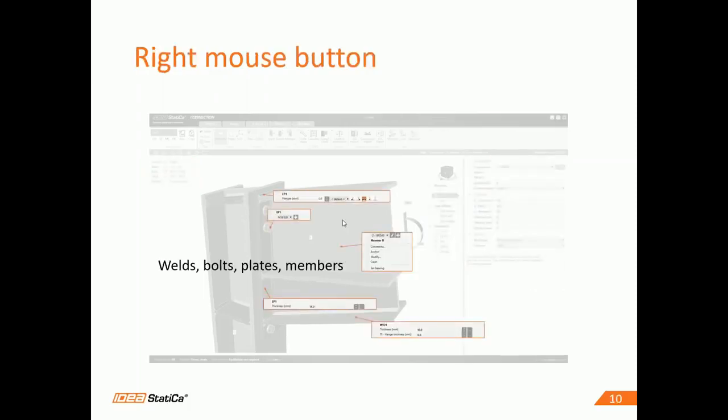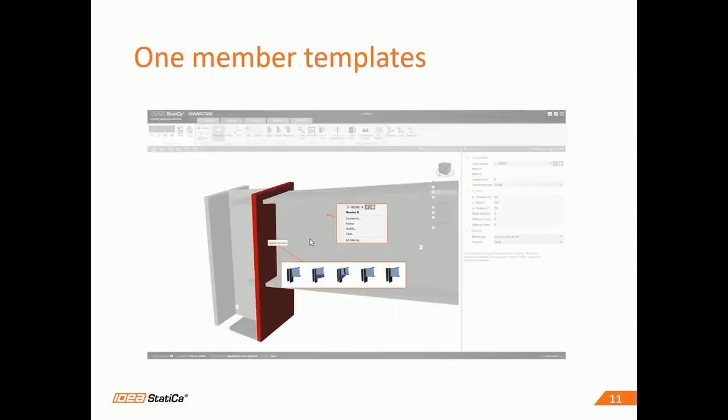Another very useful control are right mouse button commands, which enable very fast modification of member cross-section, welds, and bolts properties and plate thicknesses. You can also use a right mouse button to connect a member to another one by member templates from the list which we have prepared.